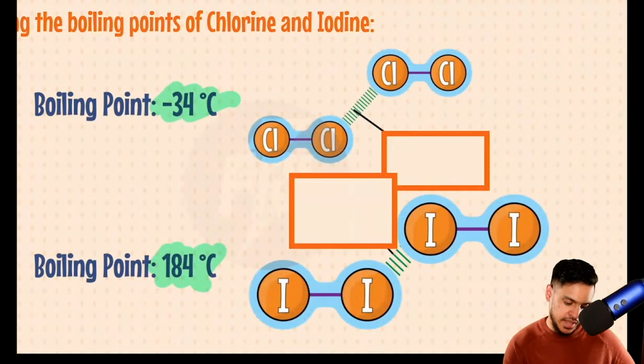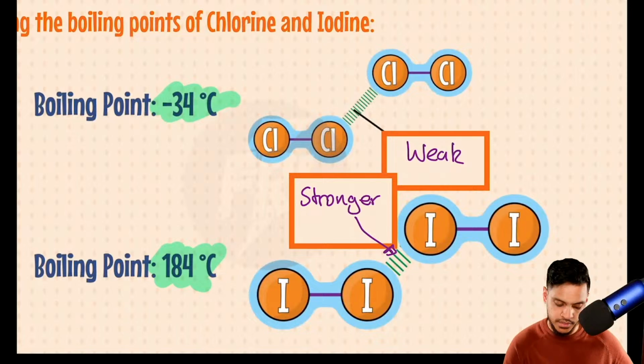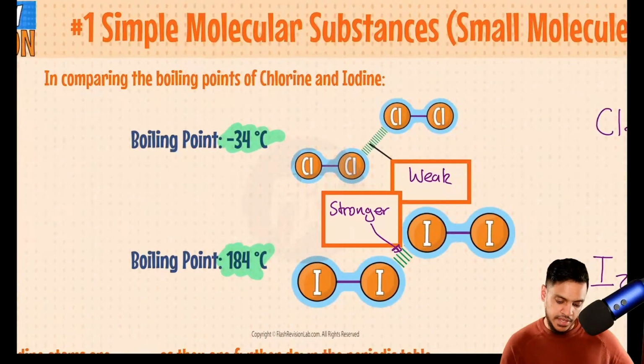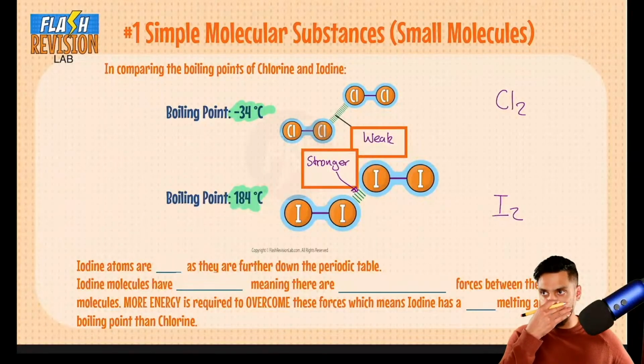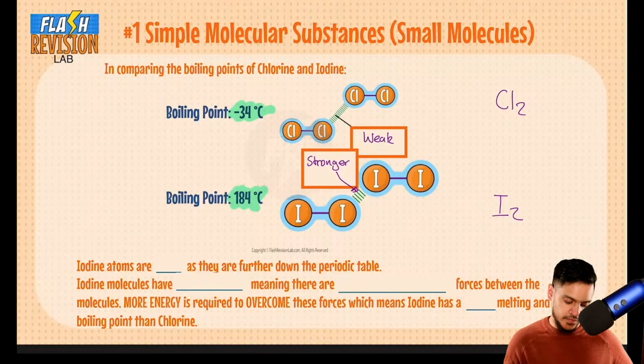So chlorine has very weak intermolecular forces, whereas iodine has slightly stronger intermolecular forces. Because the iodine ones are stronger, they're going to require more energy to overcome. So what I want you guys to remember is the bigger the molecule is, the more electrons they have, so the stronger the intermolecular force.